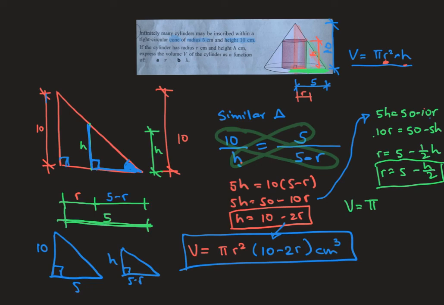Now, instead of R, we're going to have 5 take away H over 2, all to the power of 2, and then times H. So this is like R. But my 5s look like S, honestly, and even when I try to change it, it still looks like S. Yeah, so this would be the volume.